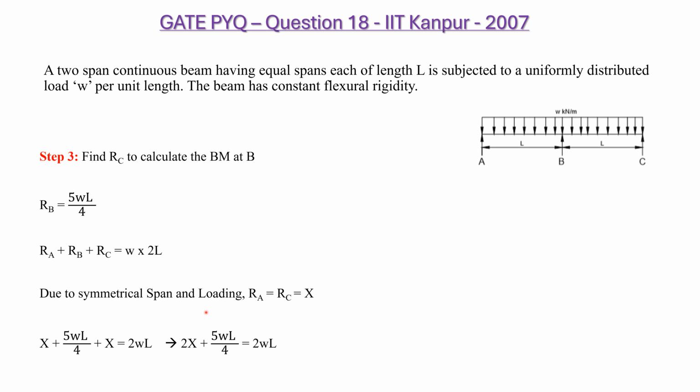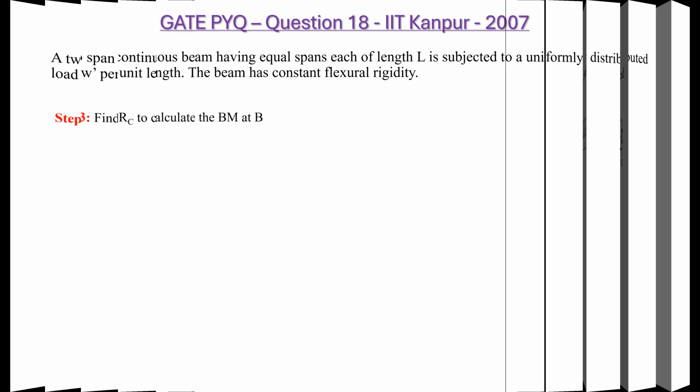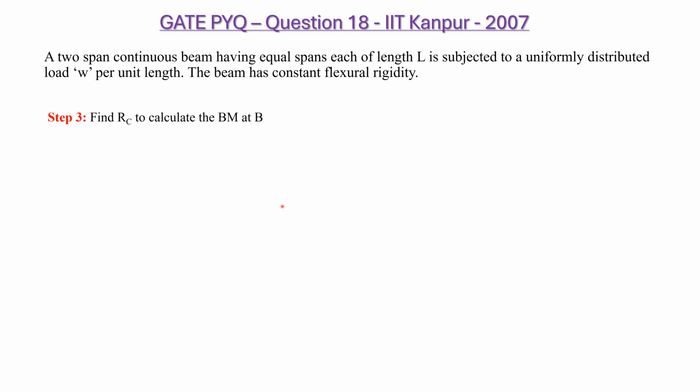Therefore, I can simply rewrite this equation in this manner, that is reaction at A is equal to X plus reaction at B is 5WL/4. Again reaction at C is equal to X, that is equal to 2WL. X plus X becomes 2X plus 5WL/4, that is equal to 2WL.